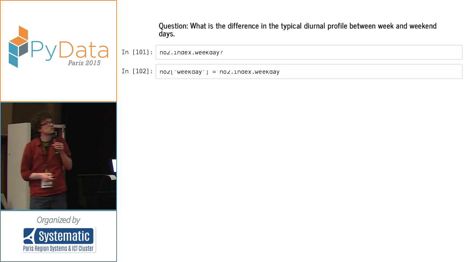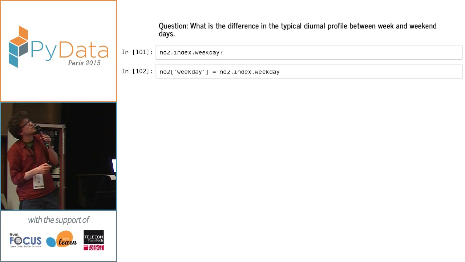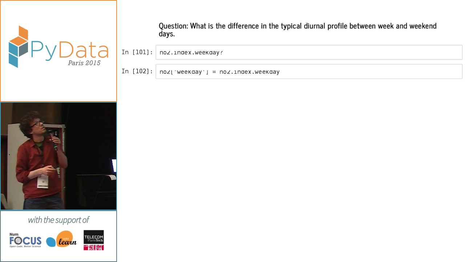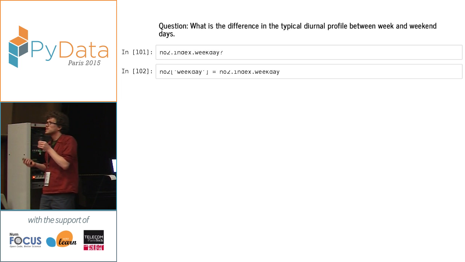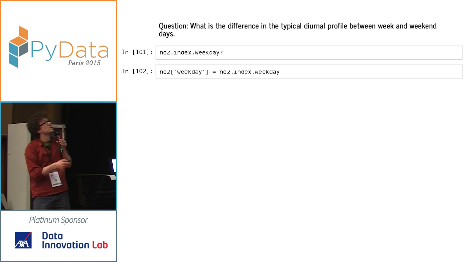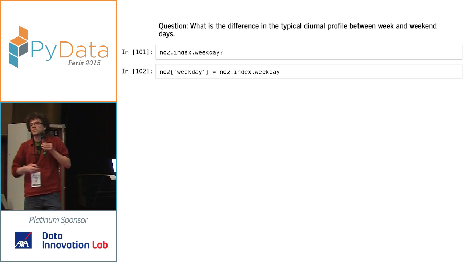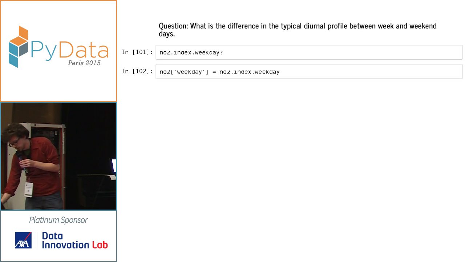Another question you could try to answer is, what is the difference between this typical profile we saw before, but now dividing between weekdays and weekend days? Because I said it's related to traffic, the typical rush hours, so we would think this would be different in the weekends.